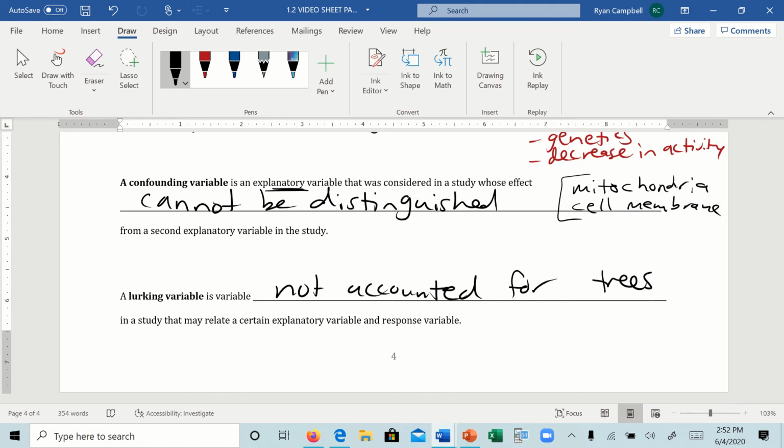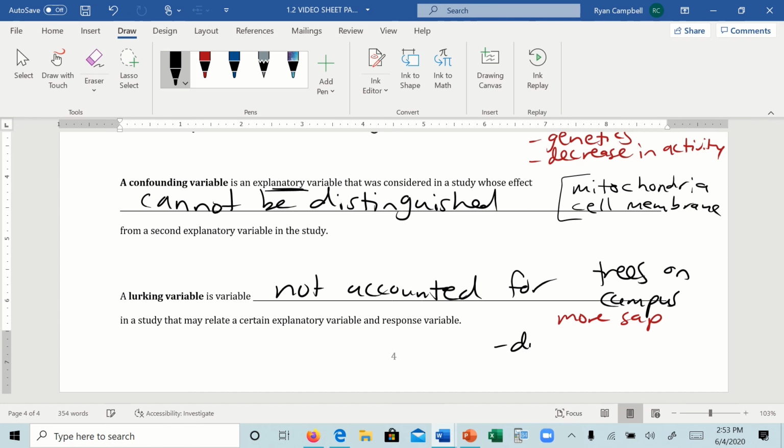So you looked at all the trees on campus and are trying to see, is there a tree that has more sap than others? But you're looking at trees all over the place.